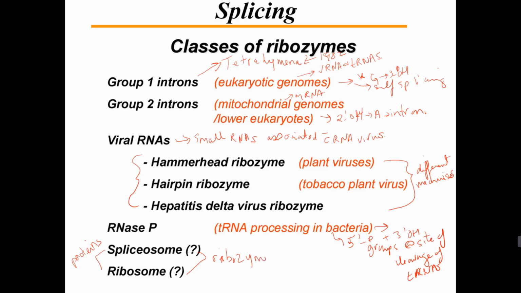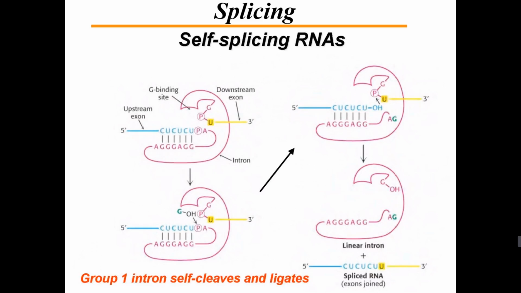According to myself, I believe they are ribozymes. They carry out these catalytic mechanisms, and they have RNA components in addition to proteins that carry out these processes.